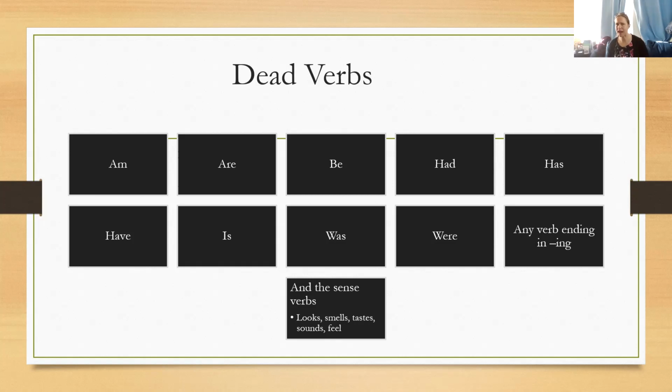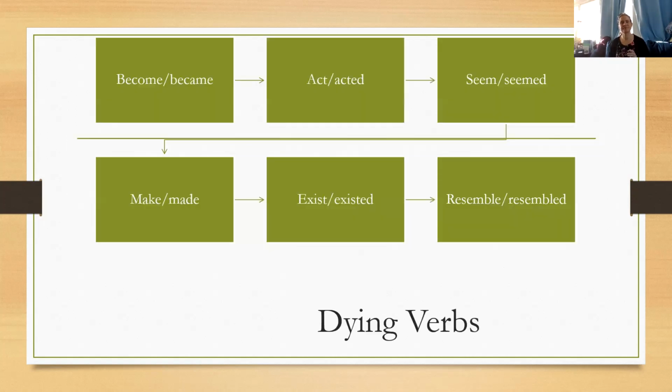Count up how many you have for each one. How many times did you use each of these words? Honestly, you don't want that many in there. If you have 20 instances of the word is, you have a very passive paper, and you need to fix it. So see if you can eliminate some of these words in your writing.